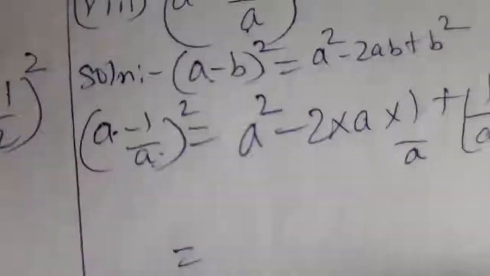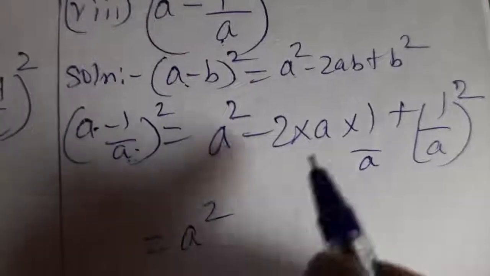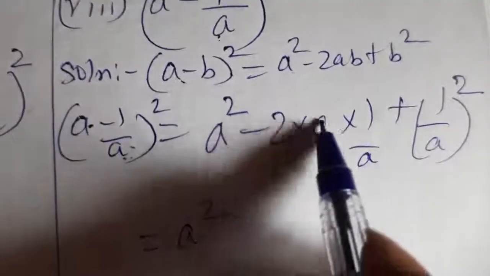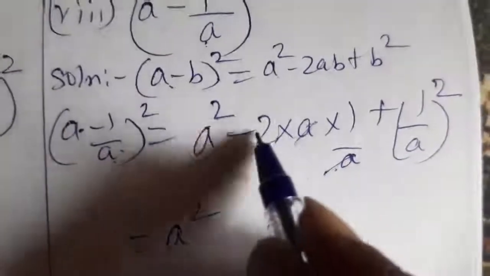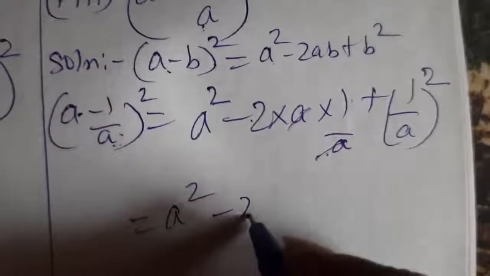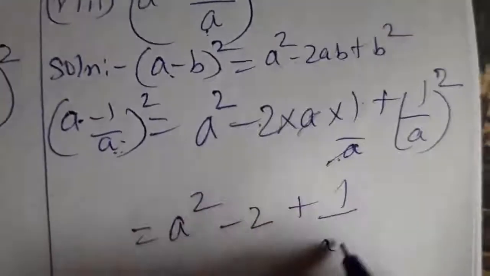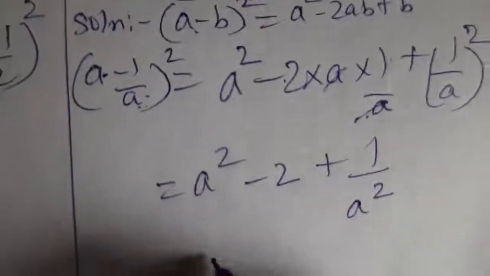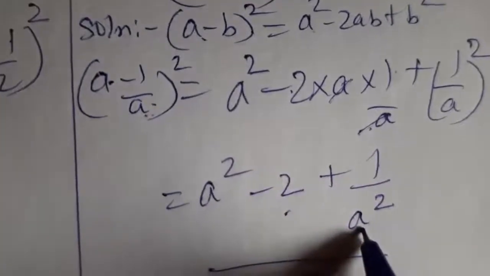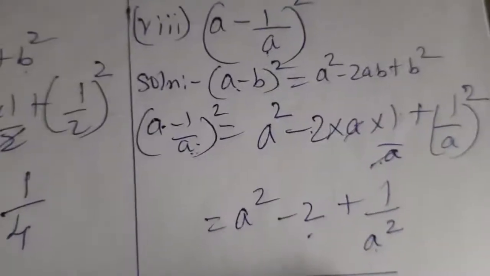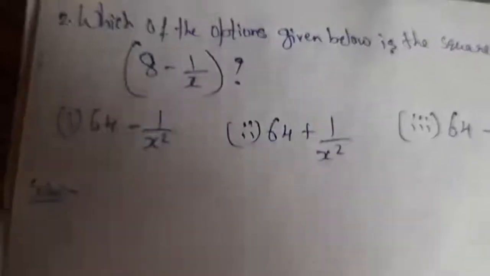So a square minus 2 into a into 1/a, so this a and this a can be cancelled, minus 2 ones are minus 2, plus 1 square will be 1 only, and a square will be a square. So a square minus 2 plus 1/a square. This is the final answer, and this was your sum number 8, children.